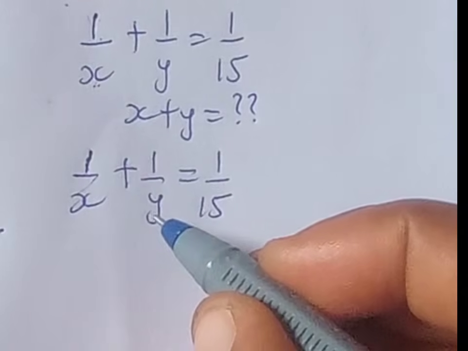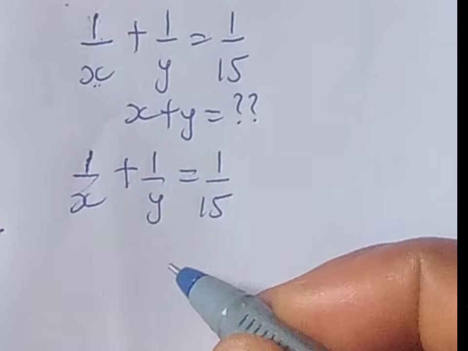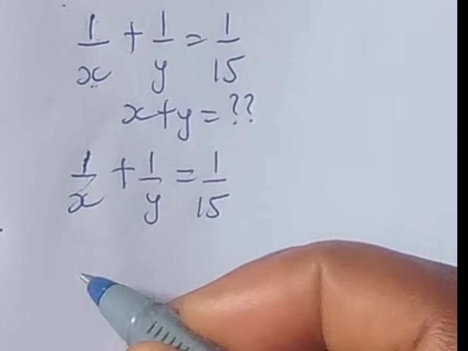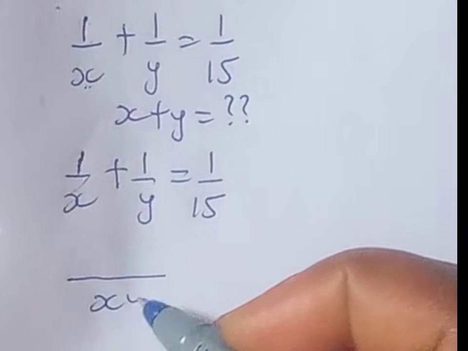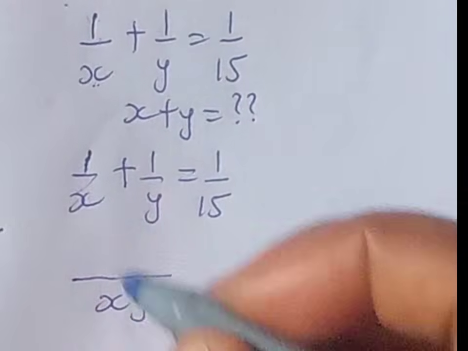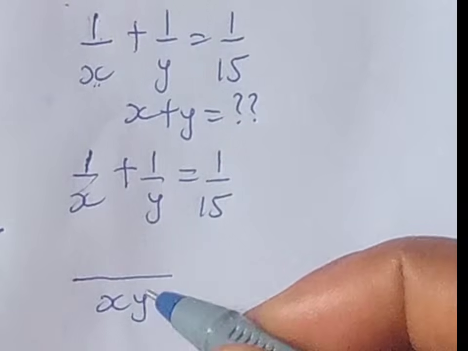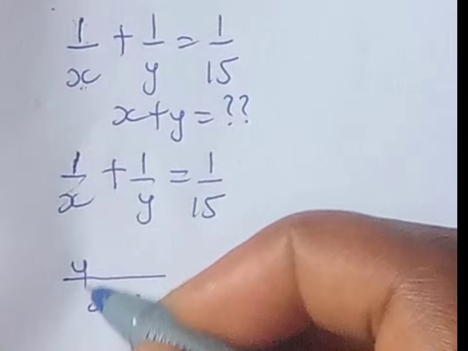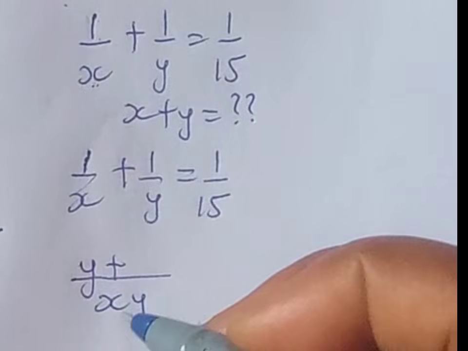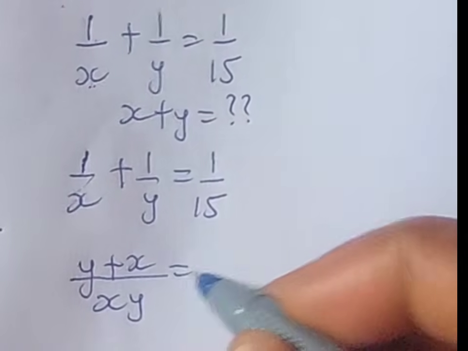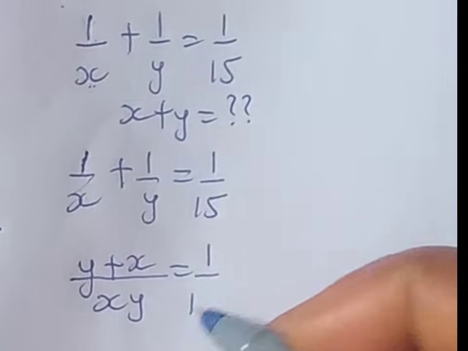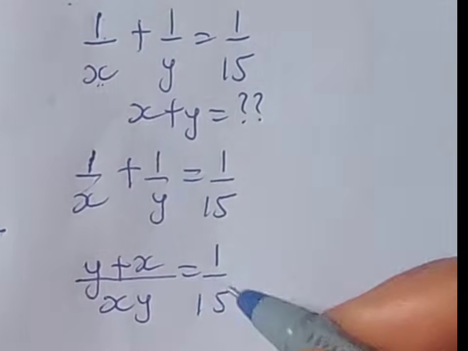The common denominator is x times y, which is xy. So let's put our denominator xy. X in xy will give us y times 1, y plus y in xy, x times 1, x equals 1 over 15. Let's cross multiply.